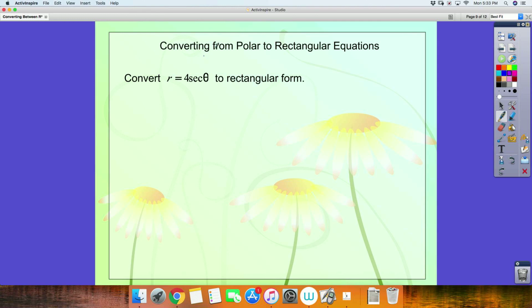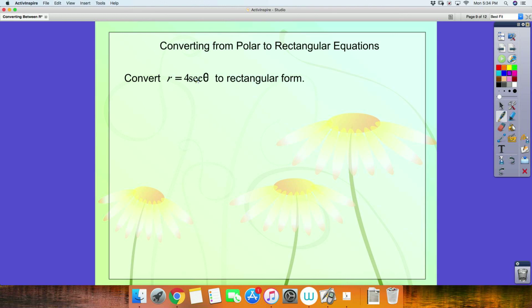The next thing we have to look at is how to convert polar to rectangular equations. Now we don't have coordinates, we actually have an equal sign involved. So this is where we have to get creative, and you're going to start using the identities that you learned in the previous unit. I have here that r is equal to 4 secant theta.